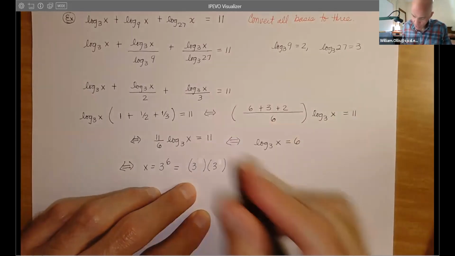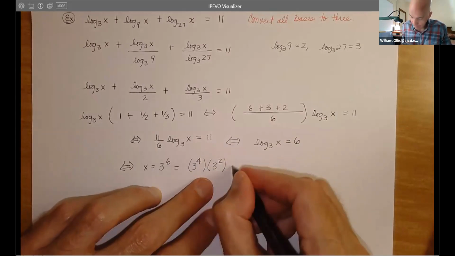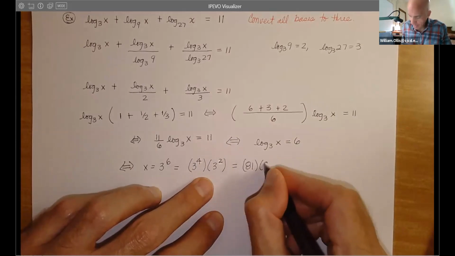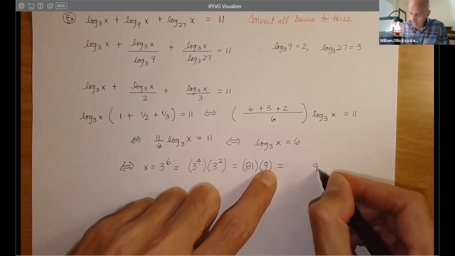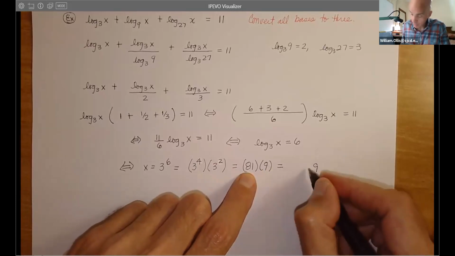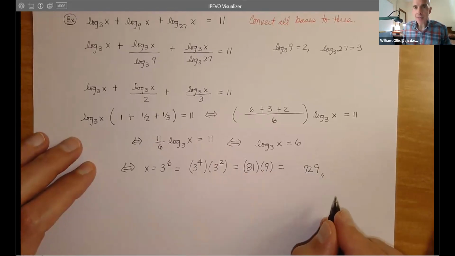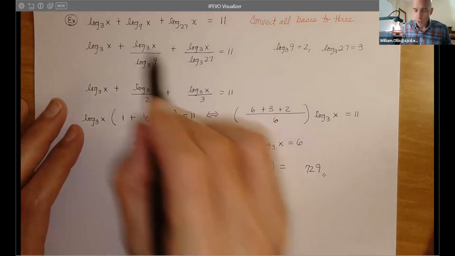The numbers will be easier. Let's do 3 to the 4 times 3 squared. So this will be 81 times 9. That's much easier to multiply. So that'll be a 9, and a 9 times an 8 is a 72. So we get 729.